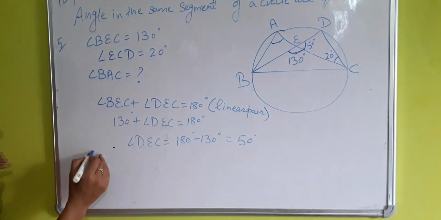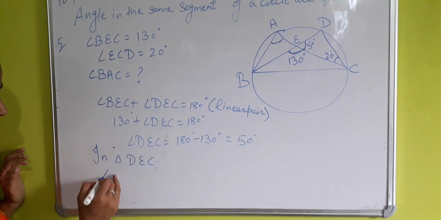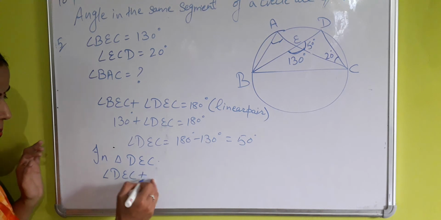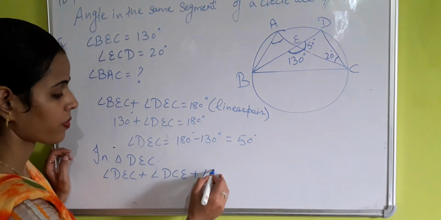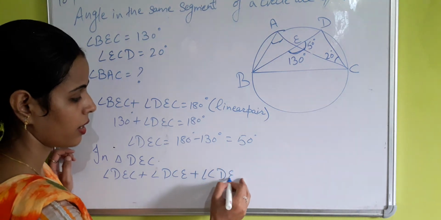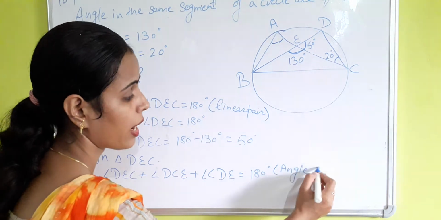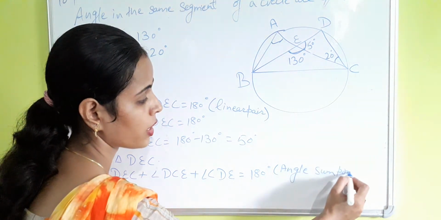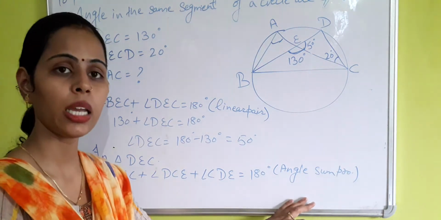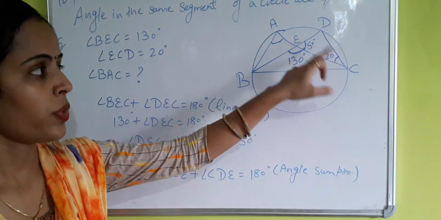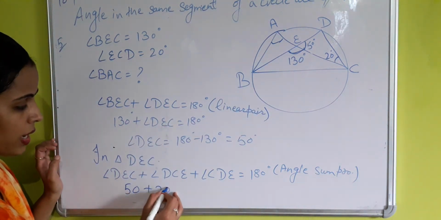In triangle DEC, angle DEC plus angle DCE plus angle CDE is equal to 180 degrees, or we can say the sum of three angles of a triangle is 180 degrees. E is 50 degrees, C is 20 degrees.